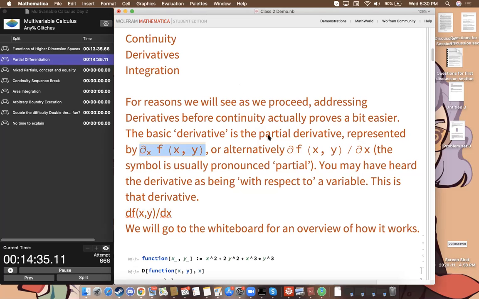And that difference shows up when we have, like, f of y is itself a function of x, or a situation where these variables are interrelated. That is basically when we start seeing the difference between a partial derivative and a total derivative.